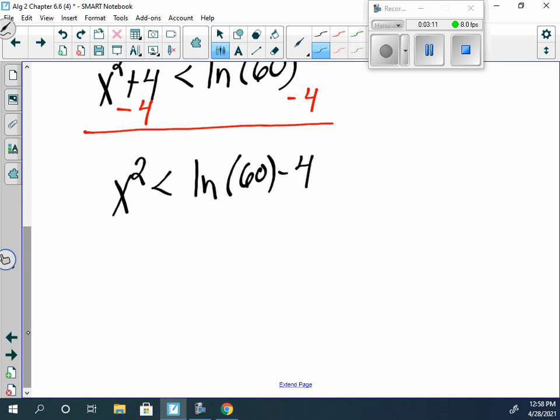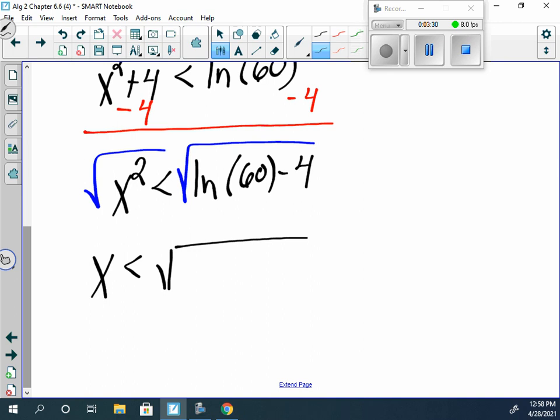What do we need to do next? We would square root both sides, because the square root of x squared would become x is less than what? Square root of the natural log of 60 minus 4.